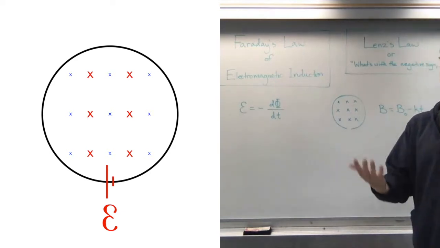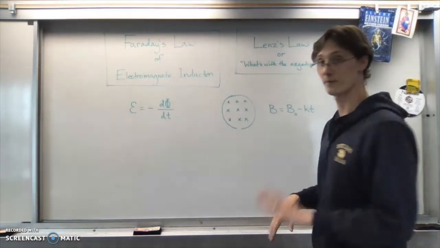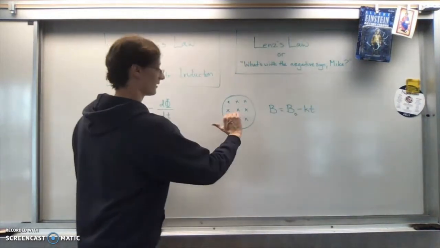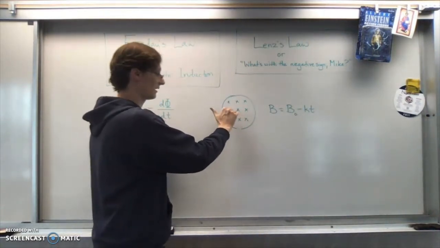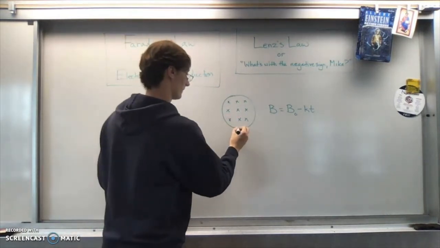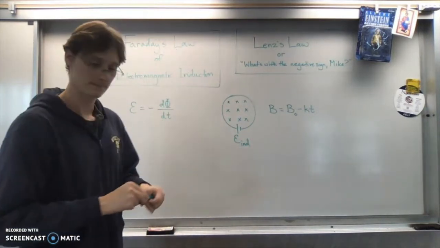All right, or rather, decrease in the flux. Okay. So that means, based on my second right-hand rule, that the current will go in the clockwise direction. So like that.